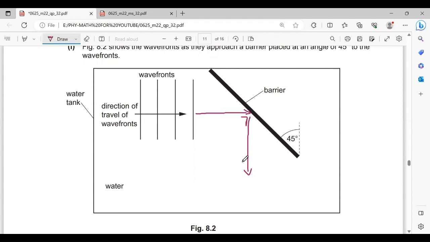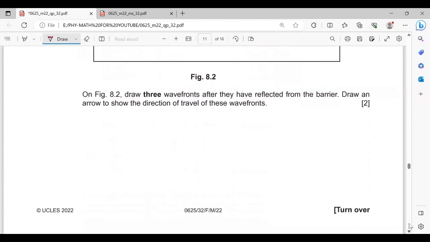And the wavefronts, this. Okay. Yeah. Like that. And next, on figure 8.2, draw three wavefronts after. Okay, already. That one.